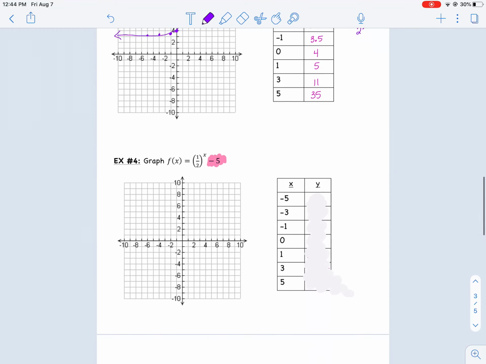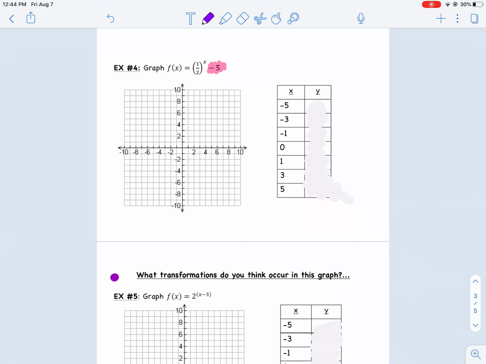Let's do one more. Make sure that it works for all of my values. What happens if I take my 1/2 to the x and then subtract 5? So I'm going to use my same values that I did in example number 2, but then I'm going to subtract 5 from each of my answers. Go ahead and do that and fill out this chart so then we can graph.